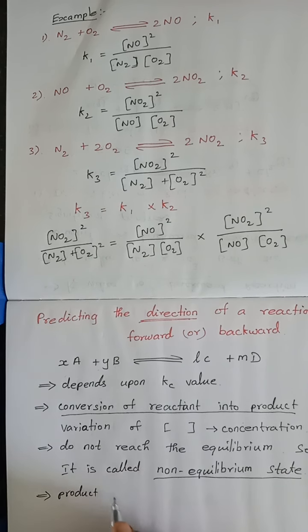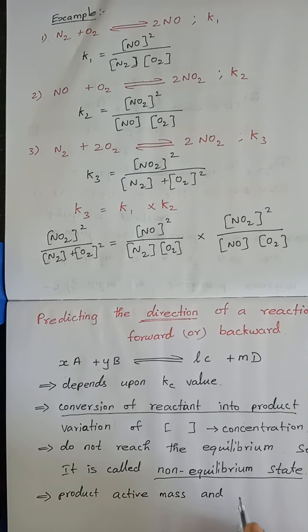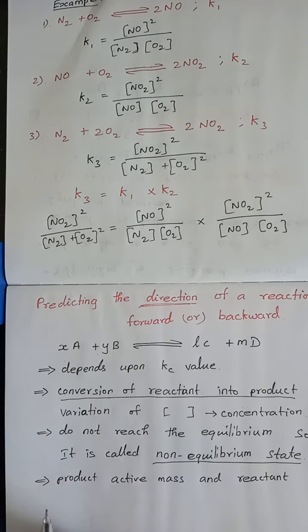Product active mass and reactant active mass. You write the reaction is called the stoichiometry coefficient.